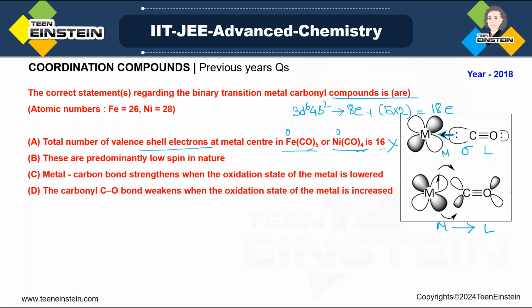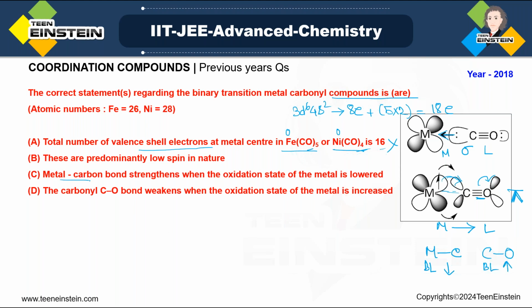Now there is pi bond. Now when there is pi bond, the metal carbon bond length is decreasing because now there is some extra bond. So metal carbon bond length decreases when there is back bonding. Decreases means what? Metal carbon bond is now having more strength. But this triple bond nature of carbonyl will be lost because as there is electron donation, the bond order of C triple bond O will decrease. That means CO bond length will increase.